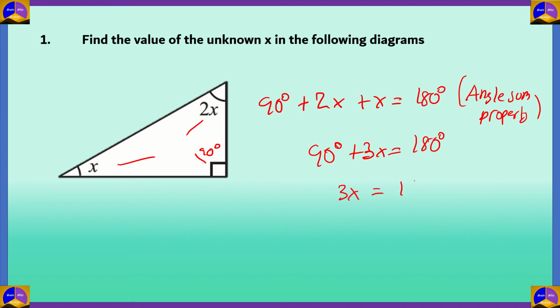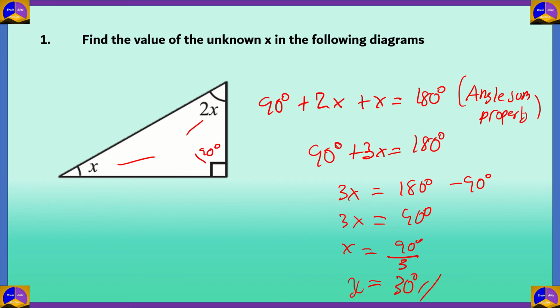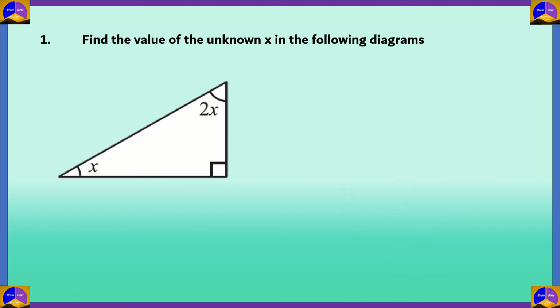So 3x would be equal to 180 degrees minus 90 degrees, which is equal to 90 degrees. And so x would be equal to 90 degrees divided by 3, which is equal to 30 degrees. So in this diagram, x would be equal to 30 degrees.